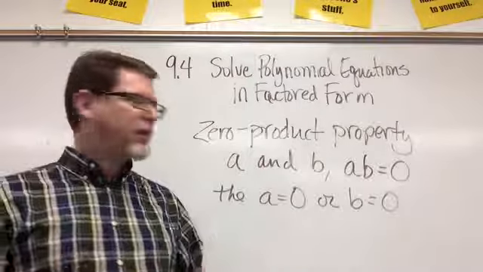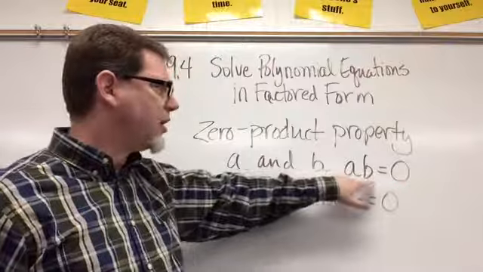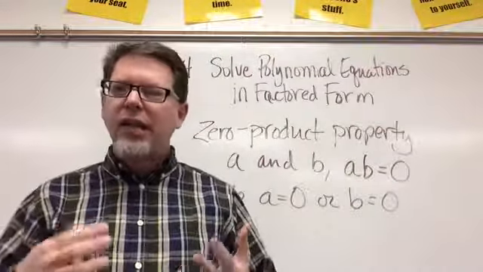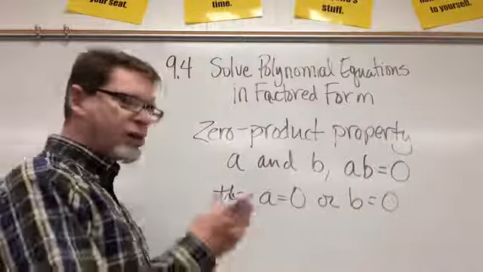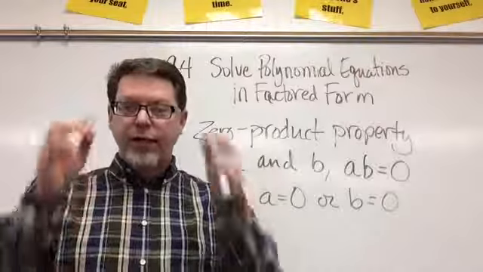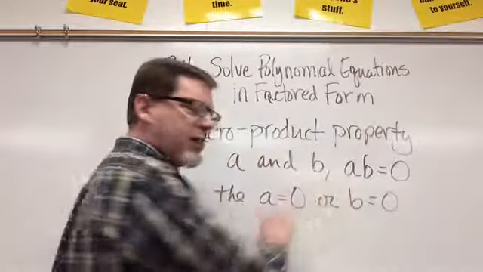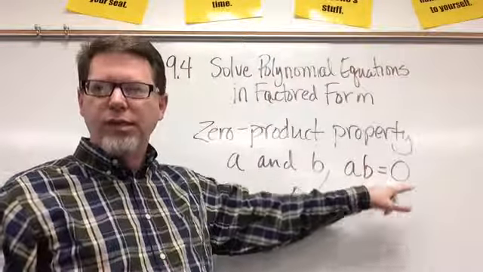What this is telling me is that if I've got any equation that equals 0, then one of these factors must be 0, because in order to get the answer of 0, I have to multiply something by 0. So if I'm multiplying two things, it could be two binomials, it could be two whatevers, then one of them has got to be equal to 0 in order for my equation to be 0.